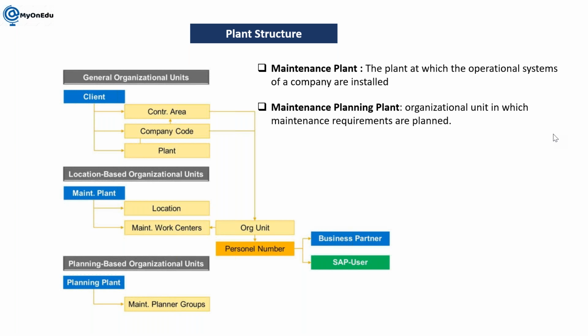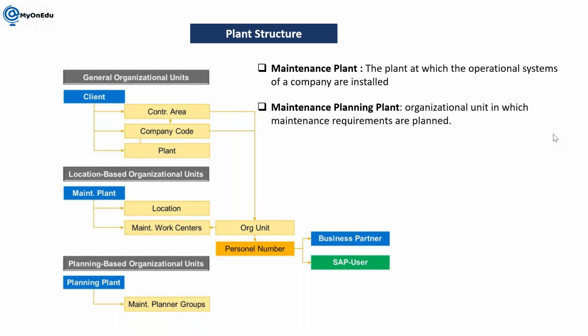First is the maintenance plant. What is a maintenance plant? The maintenance plant is the plant at which the operational systems of a company are installed. For example, let's say one manufacturing unit is there, and maintenance has to happen on that manufacturing unit, right? Let's say the plant code is 1100.